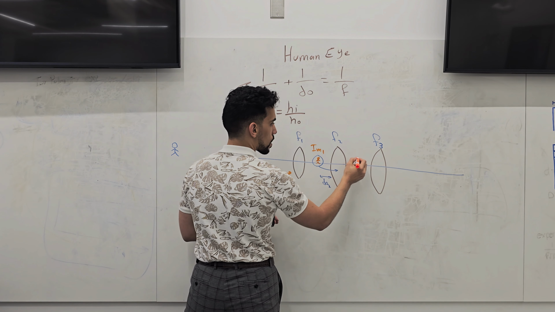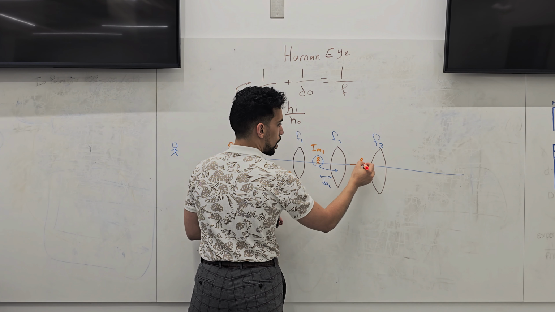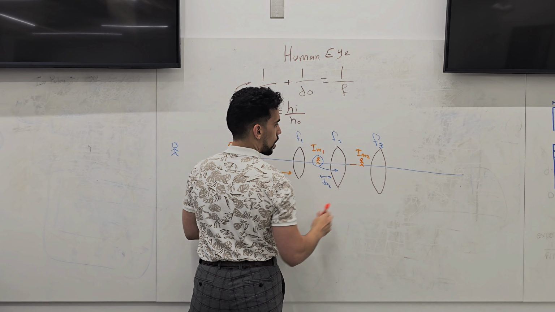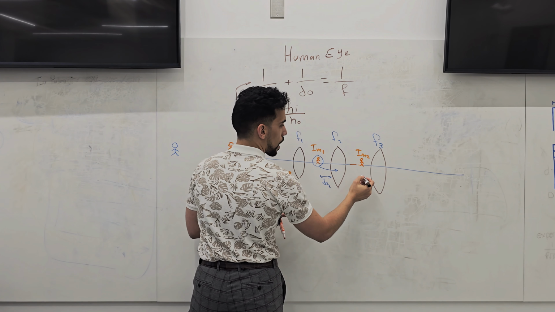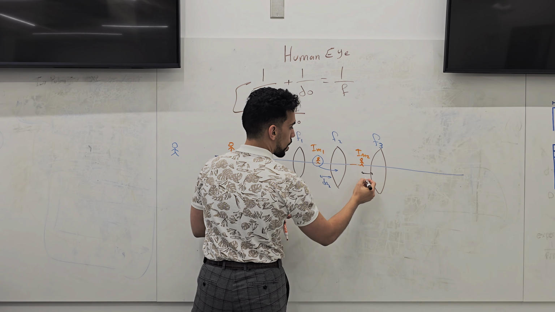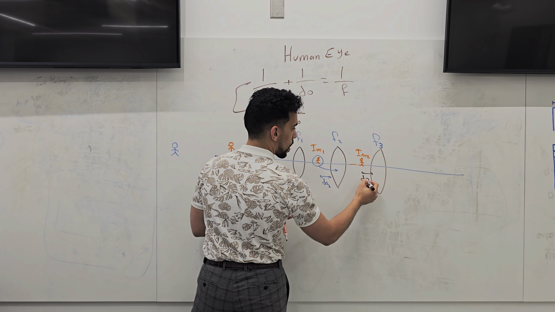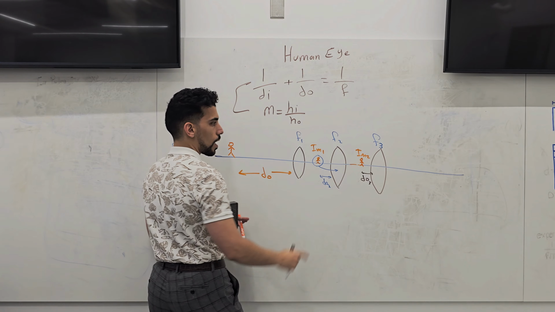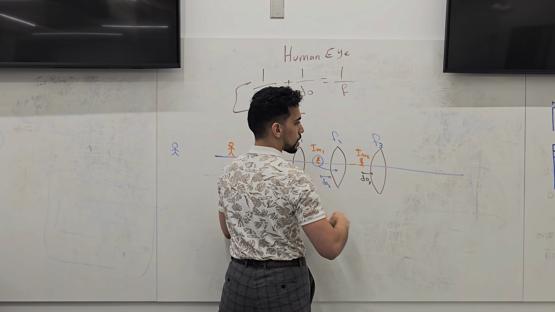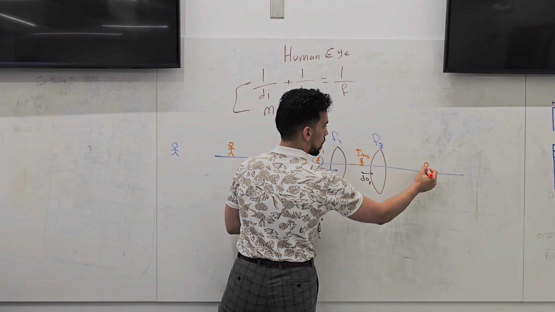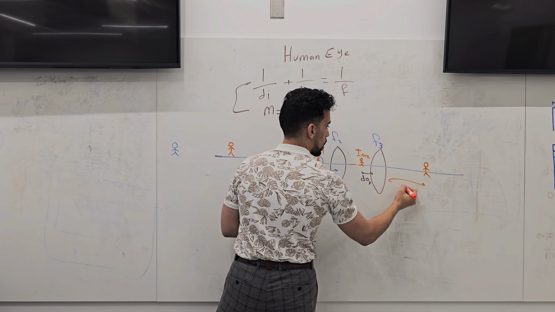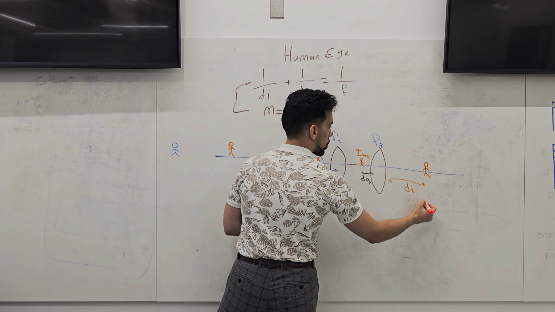Then this one creates image 2, which becomes object 3, and we get the distance of object 3 for the third lens. From here, we can find the final image location, the distance of the final image.